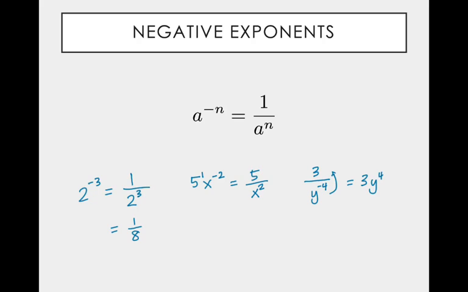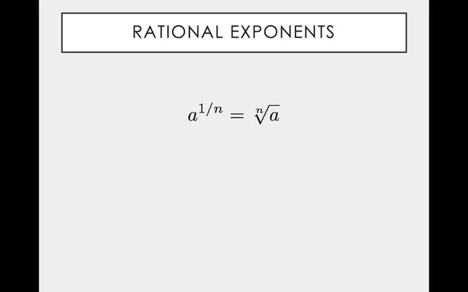All right, and then the other kinds of exponents that might be new to you are the rational exponents, the fractional exponents. Okay, so for example, if I had 25 to the 1/2, that n tells you that it's a radical, and it tells you what kind of radical it is. So since I have a 2, that means that this is a square root of 25.